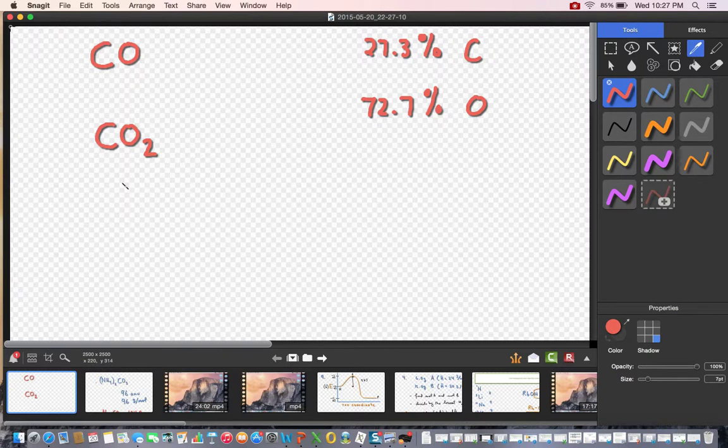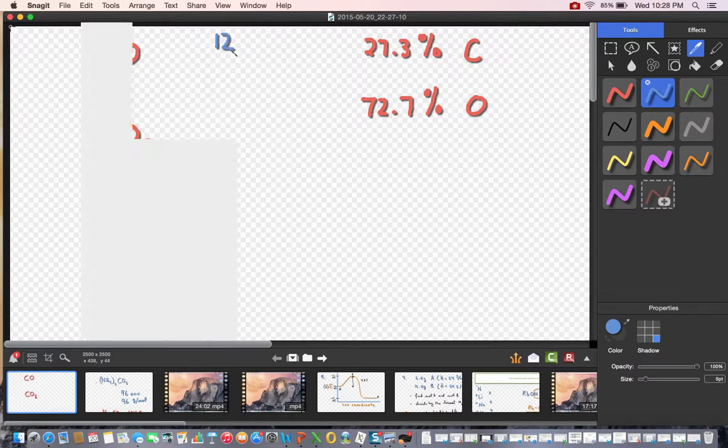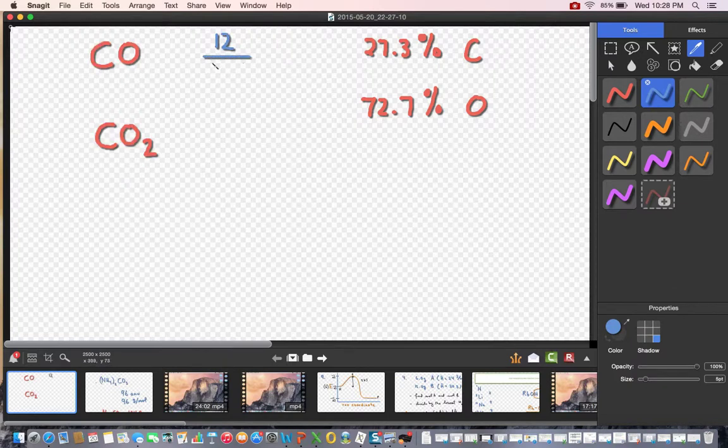Now what you could do on this problem is you could look at the answer choices and do some quick calculations. That would be a really nice strategy. So I have carbon is 12, while oxygen is 16. So 12 over 28. How close is that to 27.3% versus 12 over 44?